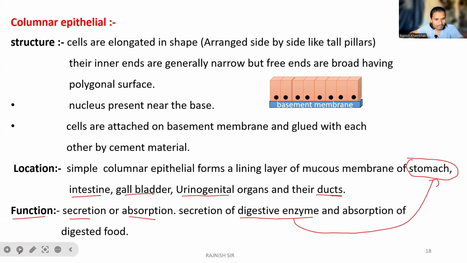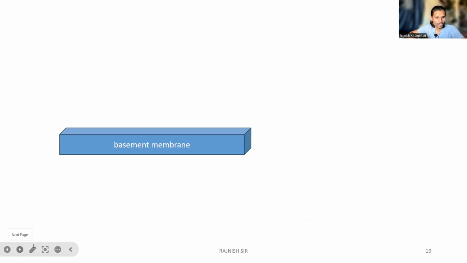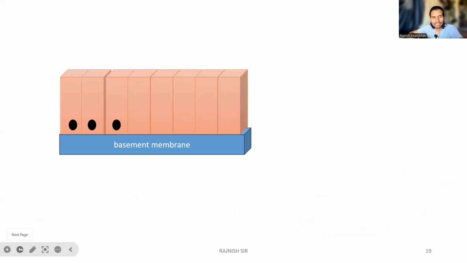And they absorb the food which is digested by these enzymes. So you can see they do both functions. They absorb also and they secrete also. This is the basement membrane where pillar-like tall cells are coming and they have the nucleus in the center.